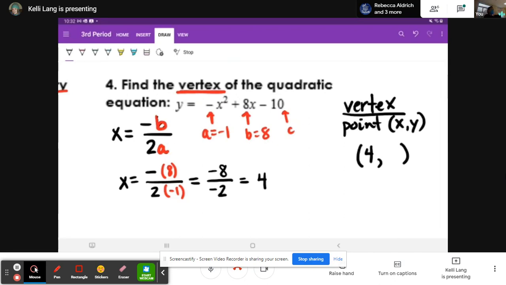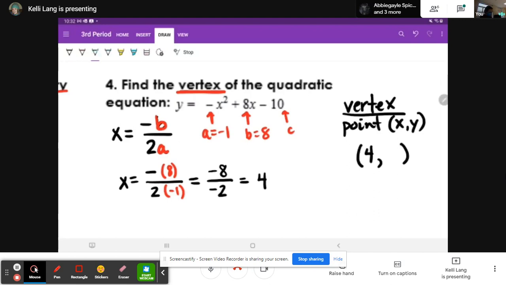If you don't know the answer to this, you can find it in the packet under the vertex. Grace, do you have a thought about it? Great. Points have an x value and a y value. If you know your x value, you can plug that in to find your y value. That's what functions are. Functions are machines where we plug in an x and we get out a y.